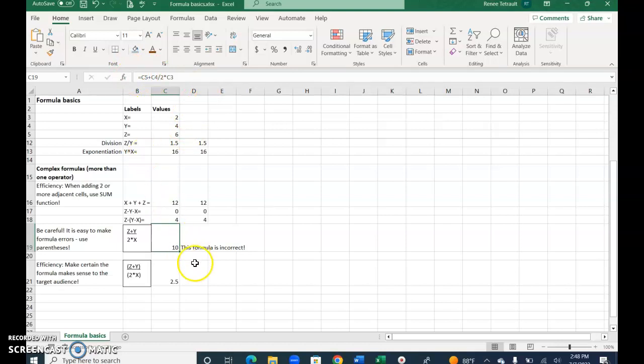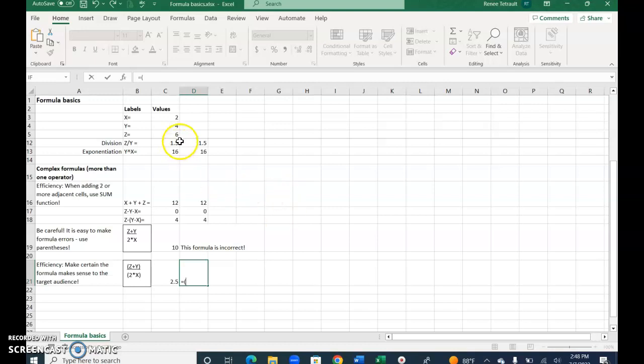To separate them, you peek down here, this is one way of doing it, but we're going to do it another way. So we'll go into D21. For this one, we'll start with the equals, and we want to separate the two problems, so you need to have your parentheses. So open parentheses, Z is C5 plus C4, close the parentheses, that's the top part of it.